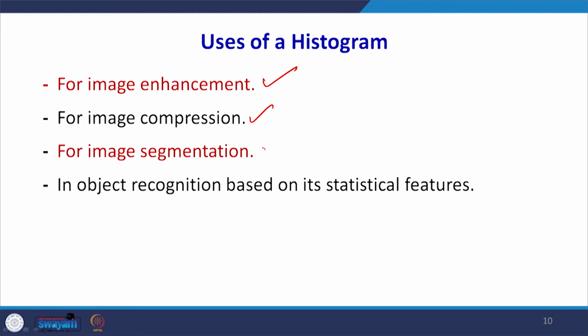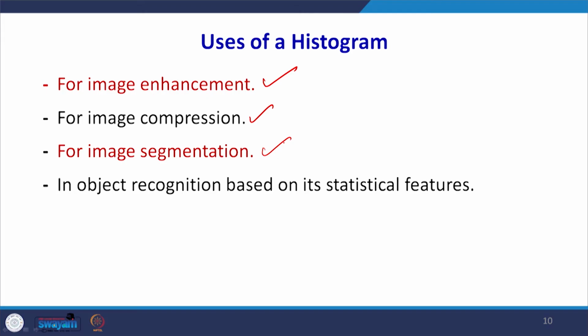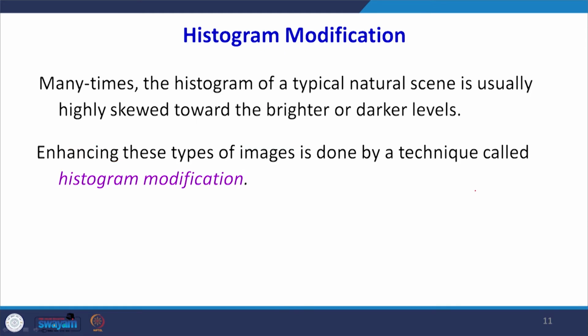Then image segmentation. If we have images with several features and we are interested in one or two particular features, then we can do the segmentation. Looking at the histogram, we can take some DN values and categorize them into one category and the remaining DN values into the other category. Then object recognition based on the statistical features. So, these are some of the uses of the histogram.